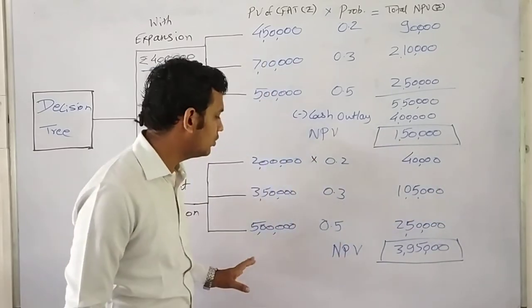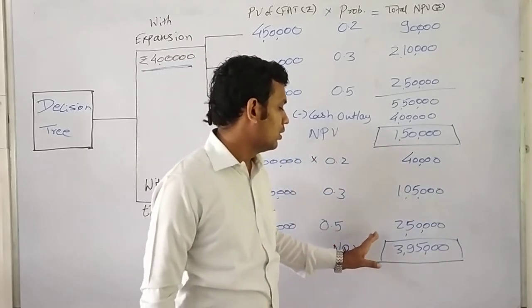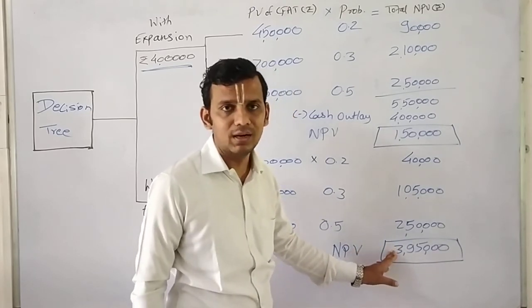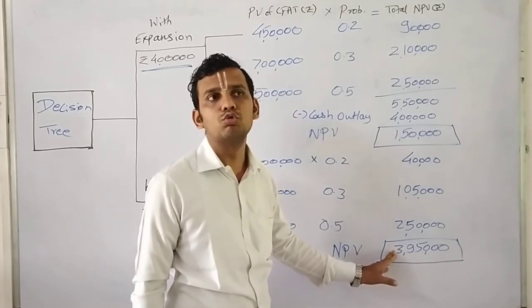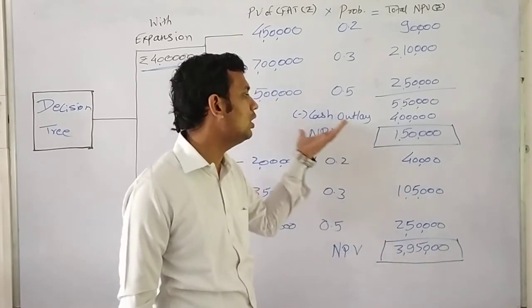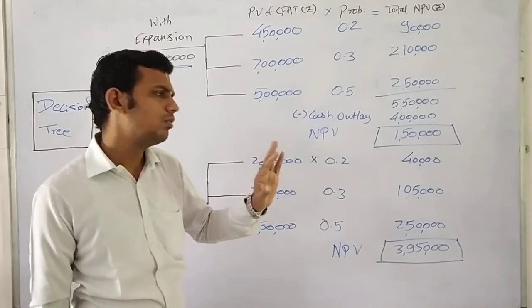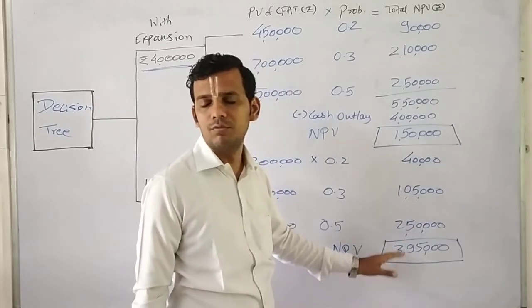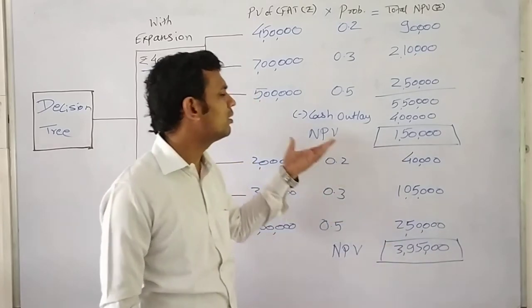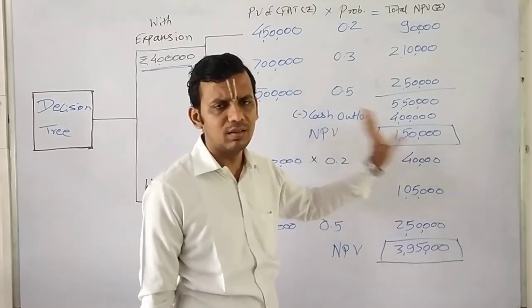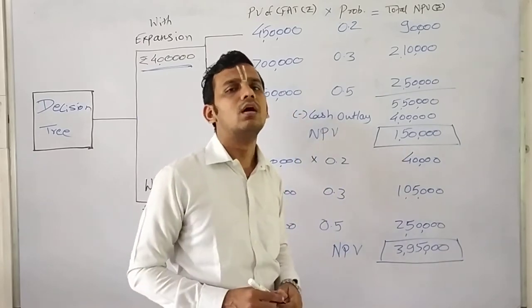But it is also seen that if we do not go for expansion, we would have a greater NPV of 3,95,000. It shows that we would definitely have more cash inflows as compared to the expansion part. But still we can go for expansion, and expansion is feasible as it has a positive net present value.